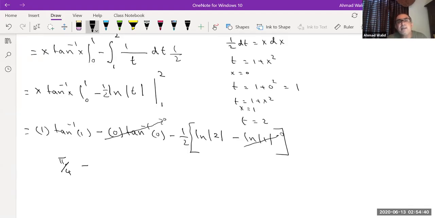It means minus 1/2 of ln absolute value of 2. Correct? Or you can write it in a nice way, which is pi over 4 minus ln absolute value of 2 over 2. Final answer.